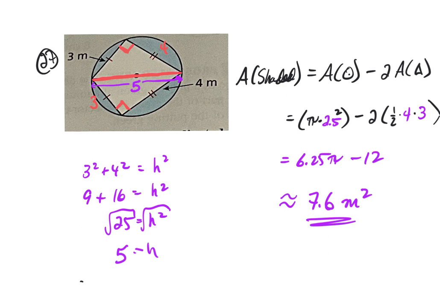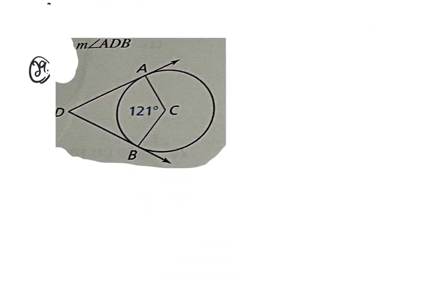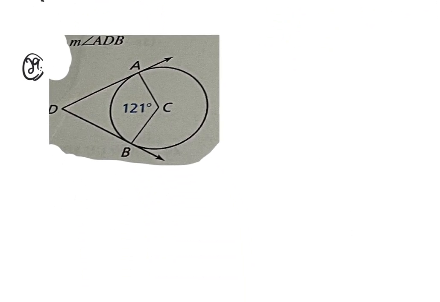Okay, and the final problem for this assignment is to find the measure of angle ADB, and this is going to be a two-part problem. The first part is to get the arc from A to B going the short way, the short direction.